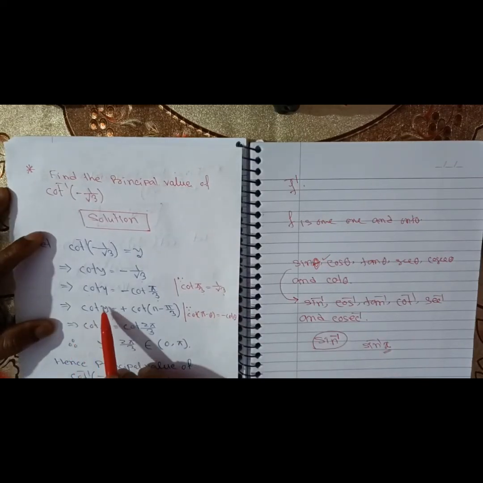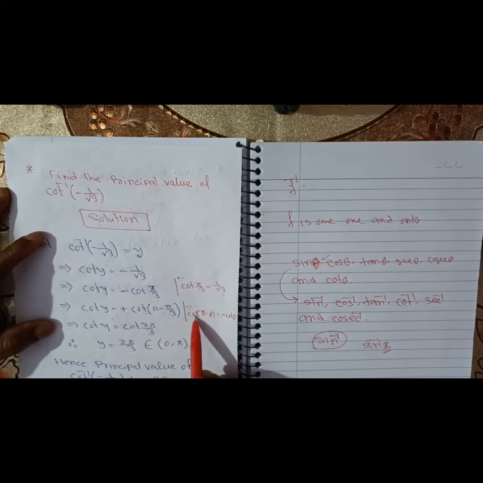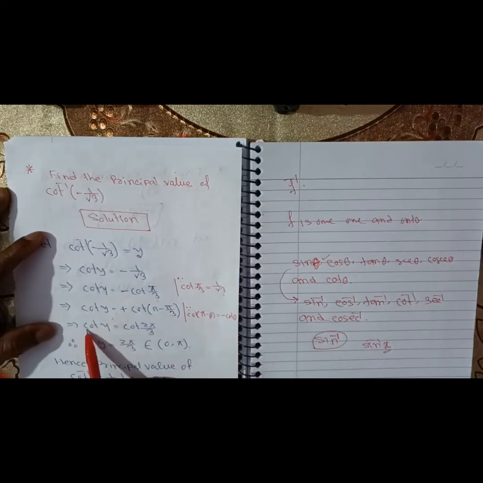This implies cot y is equal to cot of pi minus pi by 3. This is given from cot of pi minus theta is equal to minus cot theta. That's why minus cot theta is equal to cot of pi minus theta. This implies cot y is equal to cot of, if we simplify this, 2 pi by 3.